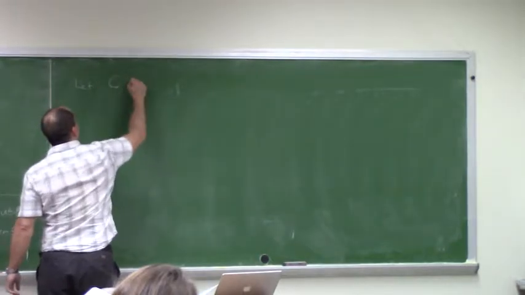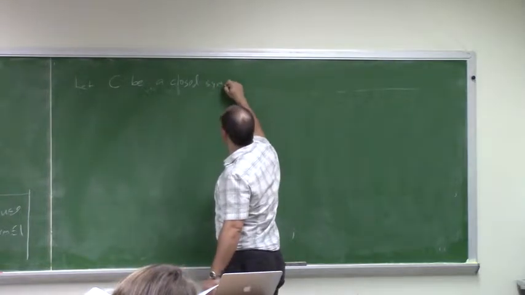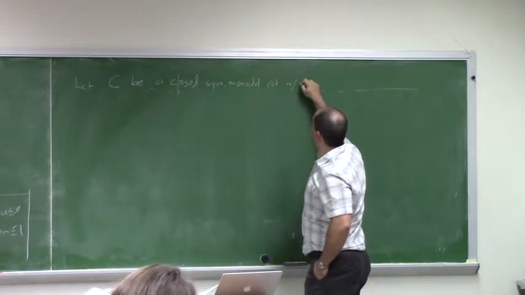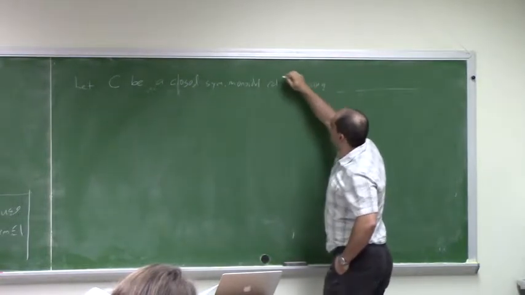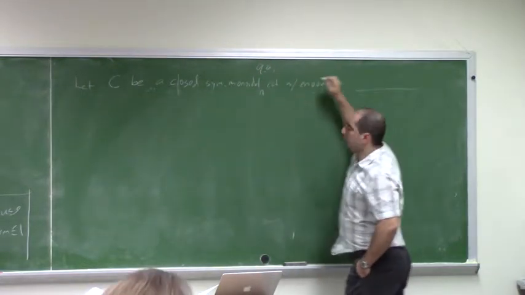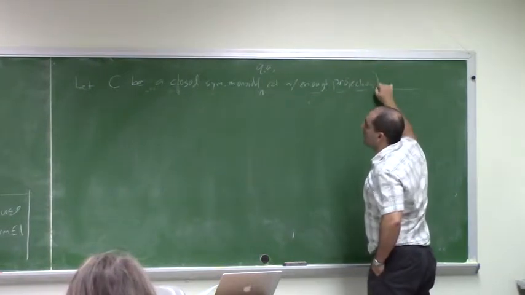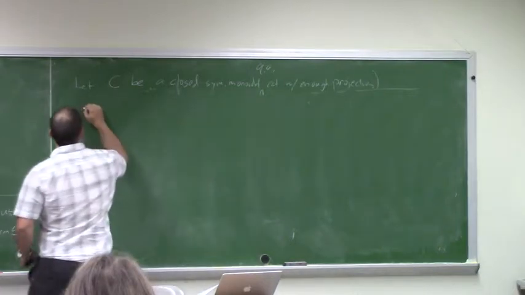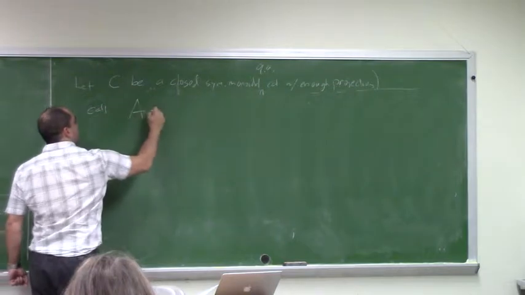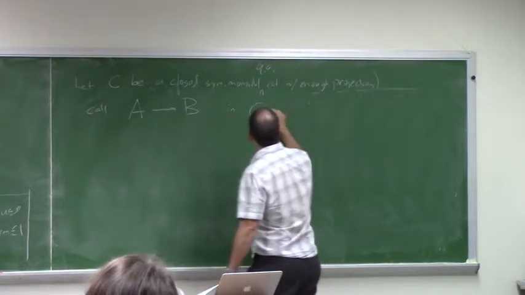Let C be a closed symmetric monoidal category, quasi-abelian with enough projectives. Let's call the morphism A to B; here these are algebras, so I mean in Comm(C), these are maps of algebras.